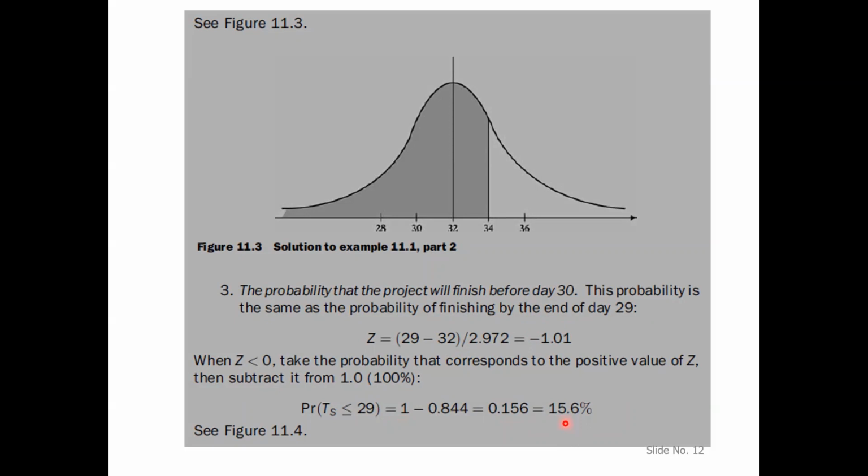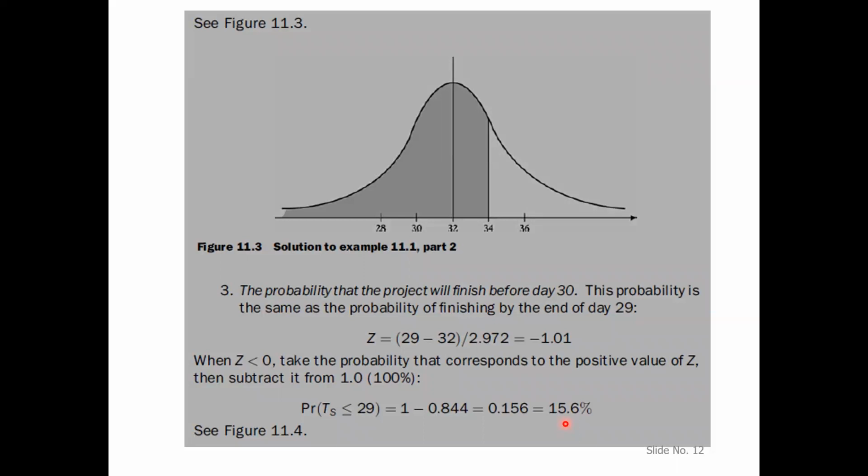So in this case, the answer is 15.6%. So there is only a 15.6% chance for this project to finish before day 30, or by the end of day 29.